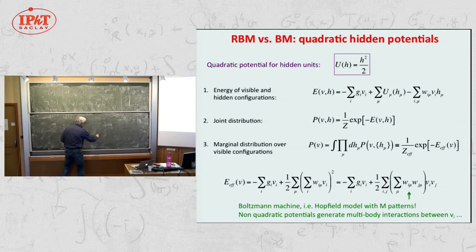Here the representation with RBM is somewhat different. We have hidden units which correspond to the different patterns: pattern mu equal 1, for instance, up to mu equal M, the last one, and so on. But this is exactly the same model when you have a quadratic potential u of h acting on the hidden units.